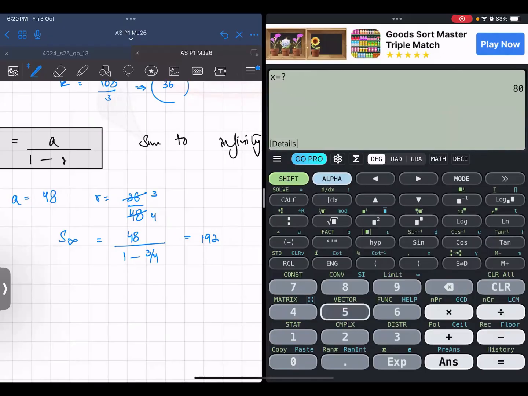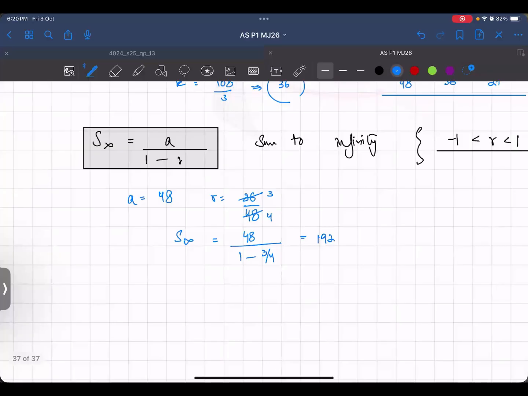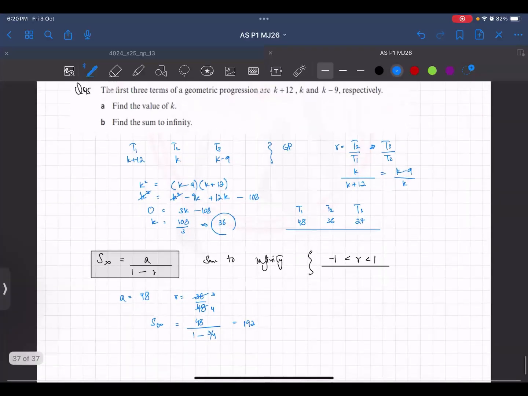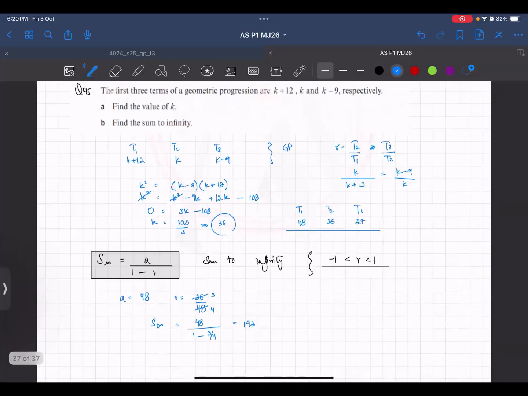But if I take a very large number, let's suppose 500, it is giving me 192, because the 500th term is so small that it has eventually converged, and the sum has also converged. The actual value in this case will not be exactly 192, but because of the limitation of the calculator, it has rounded it off and given you 192. And if you take an infinite number of terms, the answer would be 192. The sum of the terms won't increase more than 192.